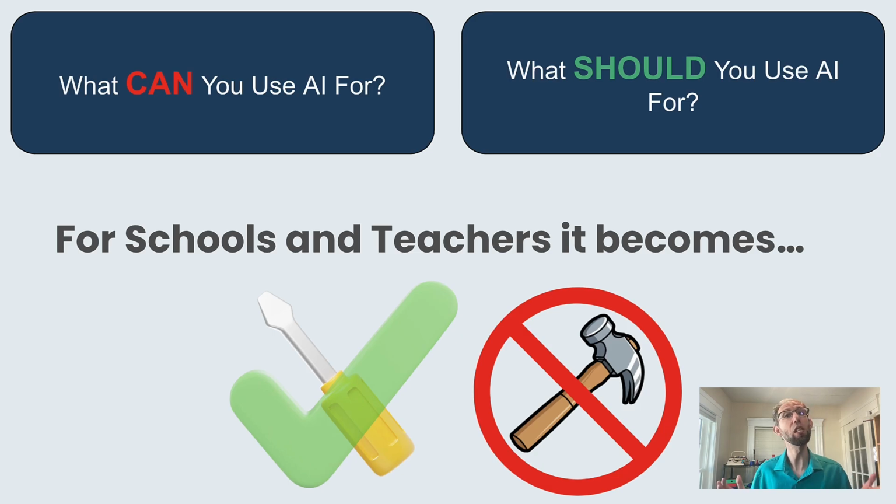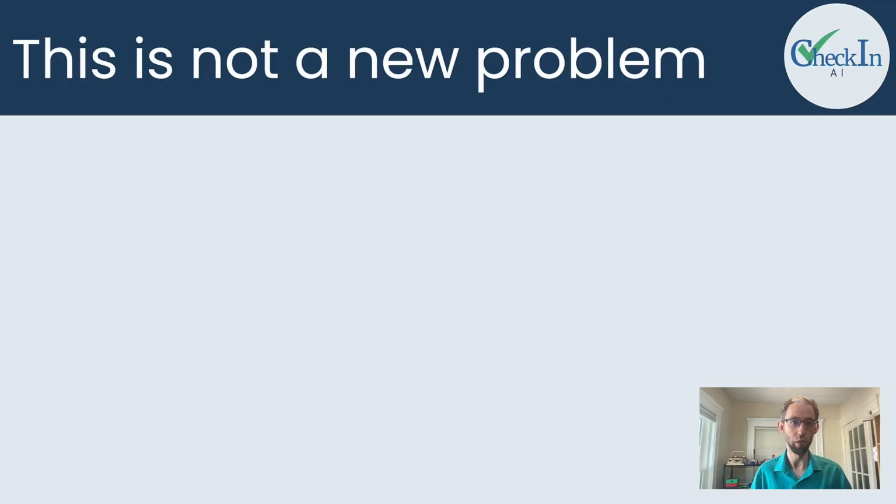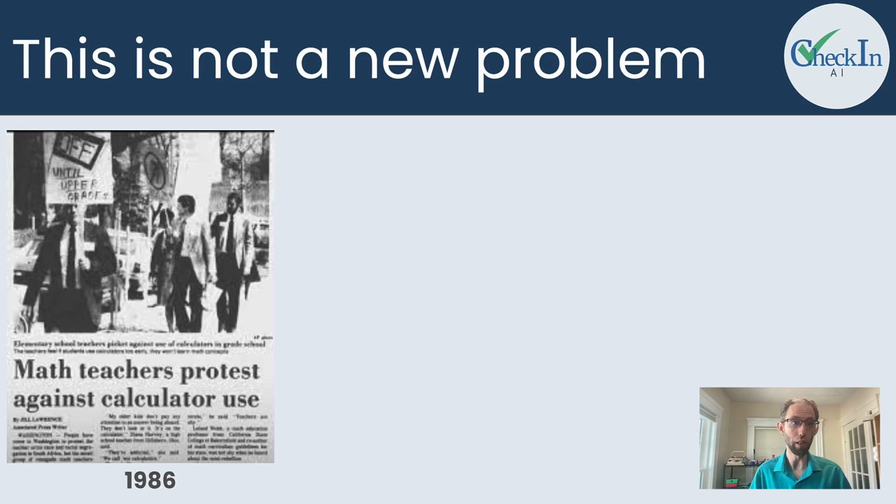Now, this is not a new problem in education. Whenever a new technology comes into the classroom, there's controversy, whether it's grammar check, spell check, social media, Wikipedia, Google search, or even the calculator. In 1986, the calculator was very controversial. However, today, not so much.